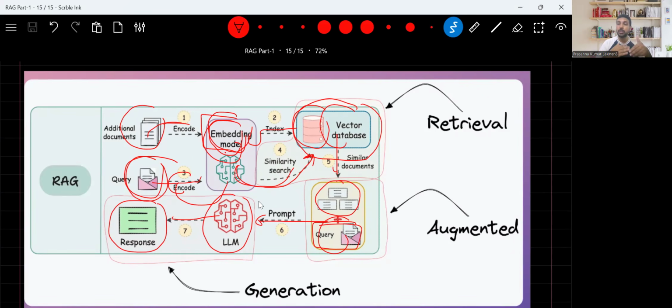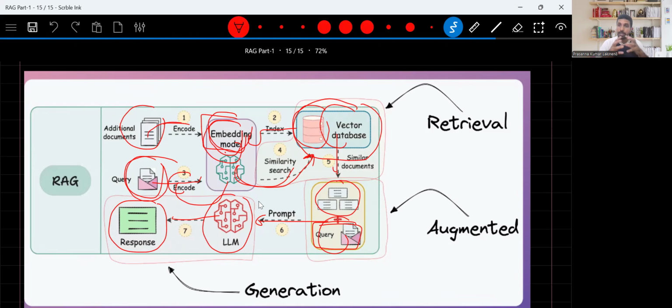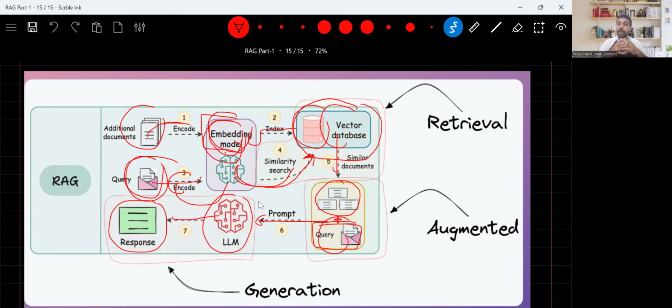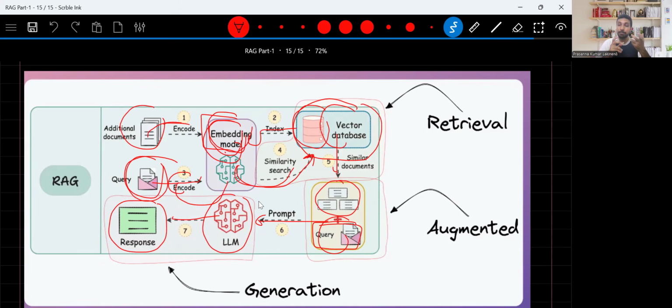And LLMs cannot be tuned frequently every time. So the hallucination issue, the no-updated-information issue, and the exact response issue can be addressed with this RAG.